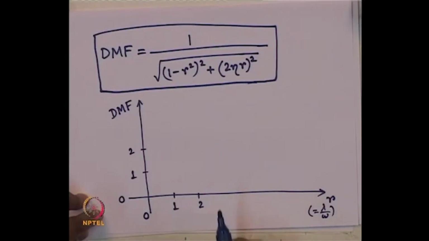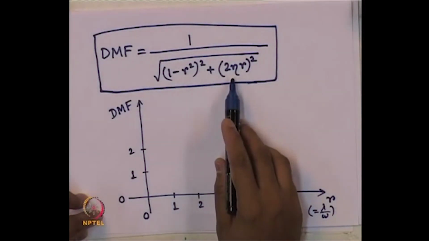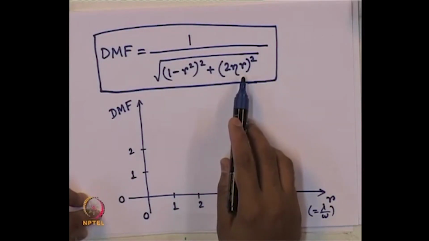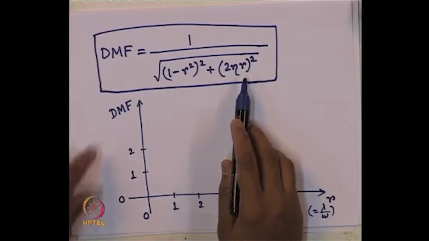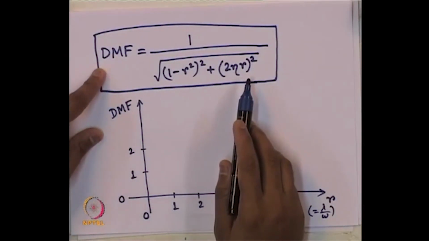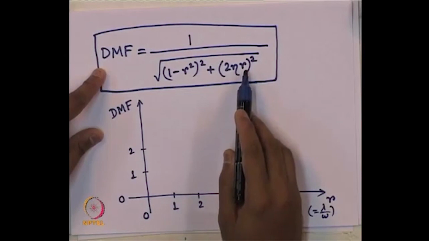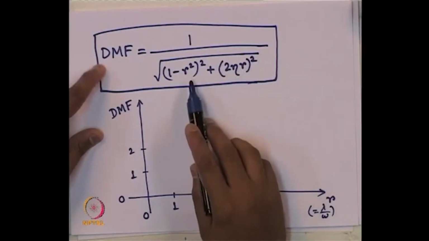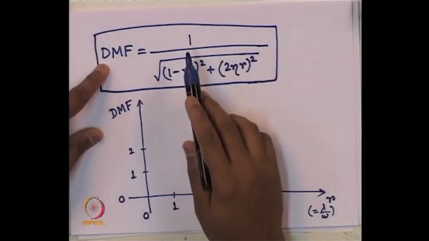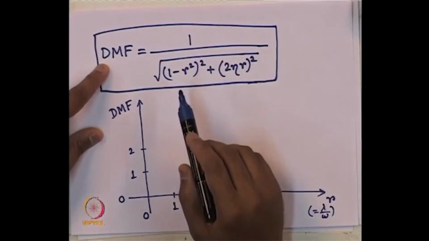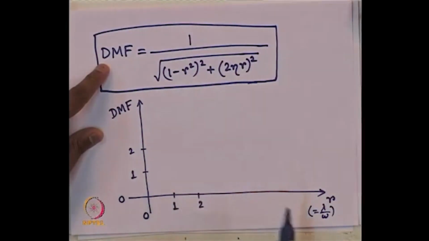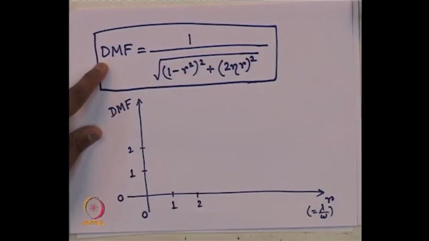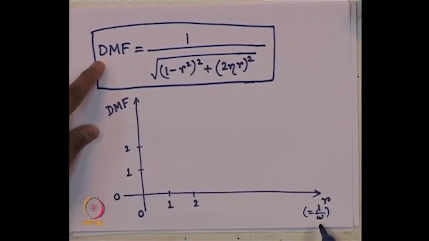If we take an undamped condition, that is eta equals 0, when the value of frequency ratio r equals 0, what is the value of dynamic magnification factor? When r is 0, eta is 0, the dynamic magnification factor is 1. What does it mean? When can r be 0? Omega cannot be 0. As I said, the natural frequency of the system cannot be 0.